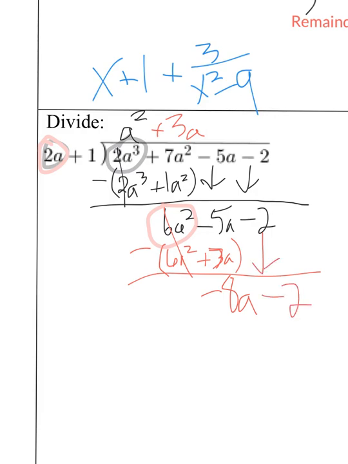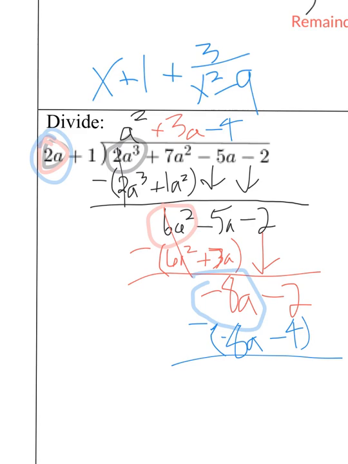And so now I'm looking at negative 8a divided by 2a. And negative 8, the a's will cancel, so negative 8 divided by 2 is negative 4. So I'm going to write minus 4. I'll multiply both of these by negative 4. So that gets me negative 8a here. And 1 times negative 4 is negative 4.